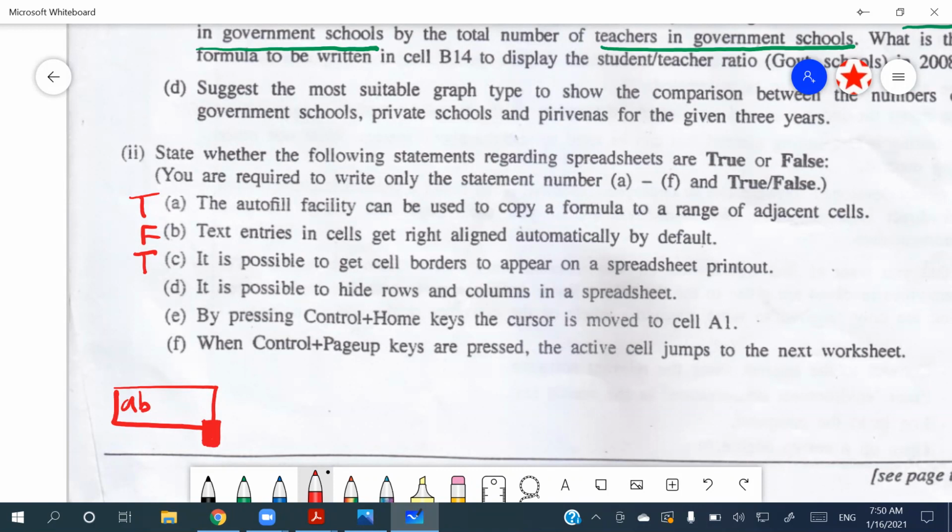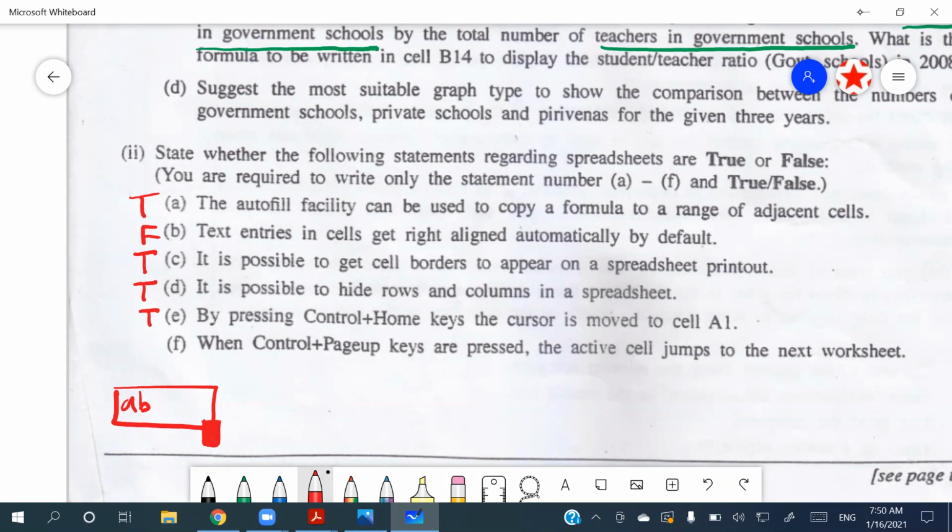Yes, it is possible. You can hide the rows and the columns, and later you can unhide them. E, by pressing Control Home keys, the cursor is moved to cell A1. Control and Home will move to A1, so it is true.